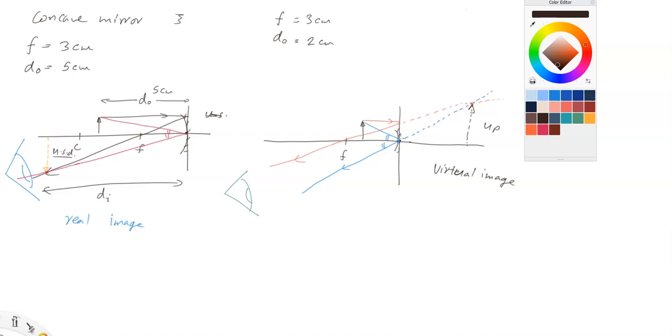So let's talk about the other type, convex. How do we draw ray diagrams with convex mirrors?